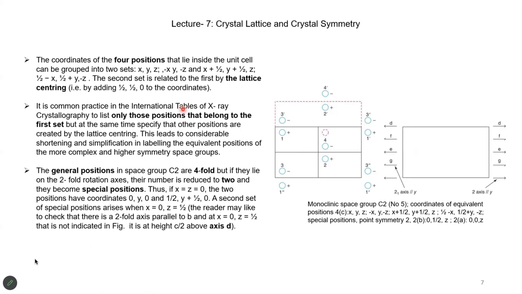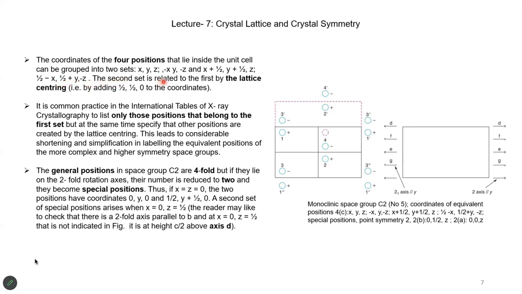That's what I said already, that there are 4 equivalent positions, and these 4 equivalent positions can be described in 2 sets: x, y, z, bar x, y, bar z, x plus half, y plus half, z, and half minus x, half plus y, bar z.